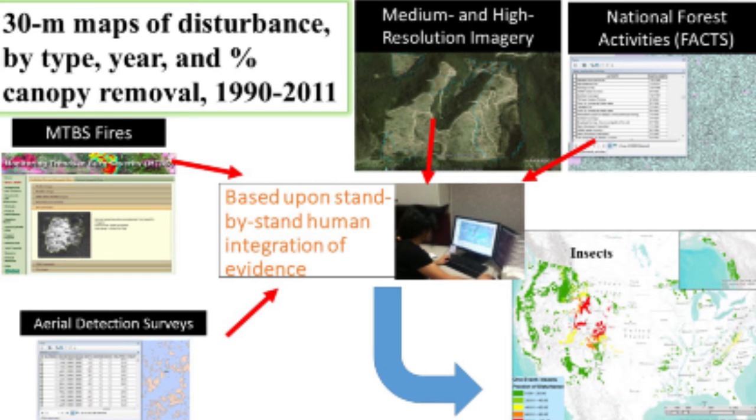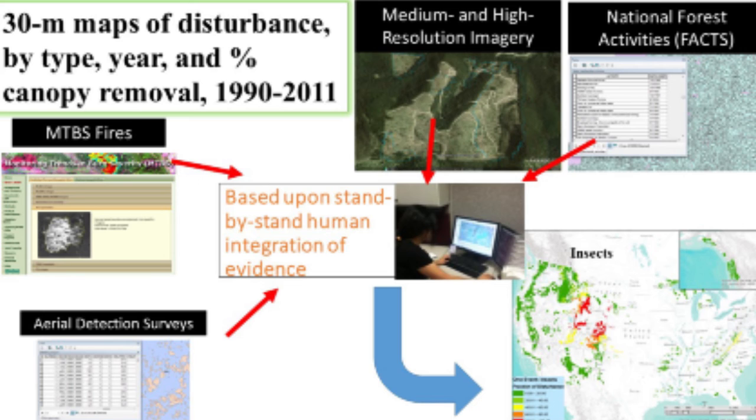Another kind of map that was produced, and this is really central to almost everything that is in the second report, is a series of 30-meter maps of disturbance by type, by year, and by percent canopy cover removal. And in the lower right, you can see results. For instance, I happen to be in Colorado.